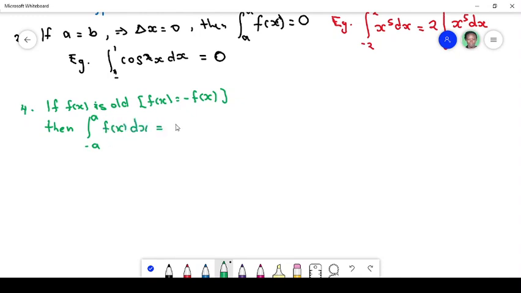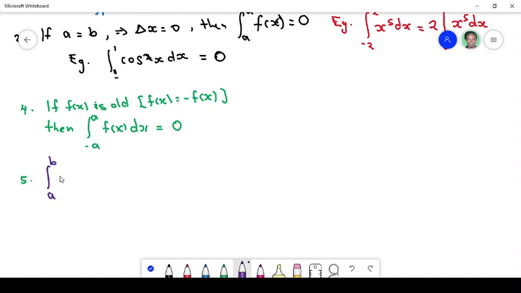So c we are saying is what? A constant. So for example, if I have the integral from 2 to 3 of 3 x cubed dx, I can write it as 3 times the integral from 2 to 3 of x cubed dx.